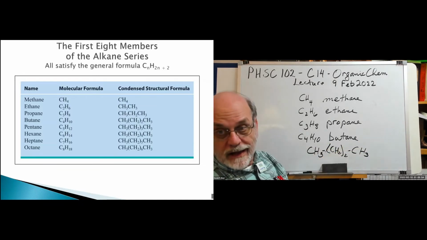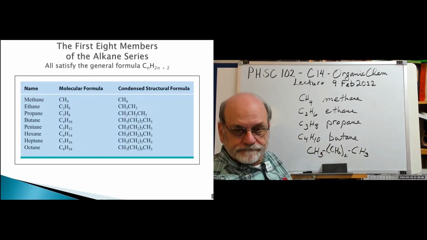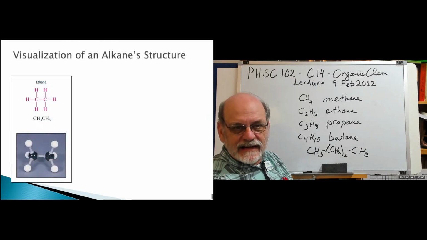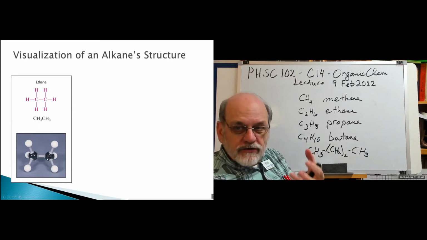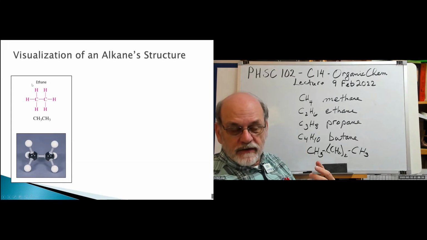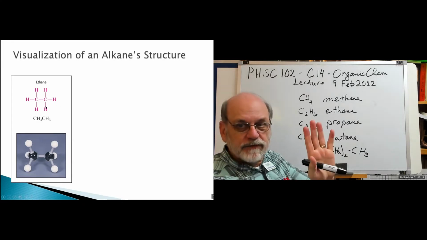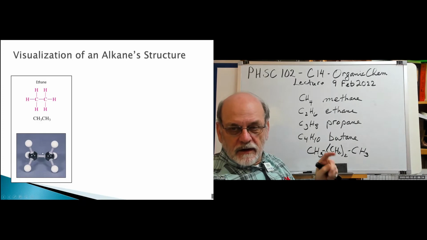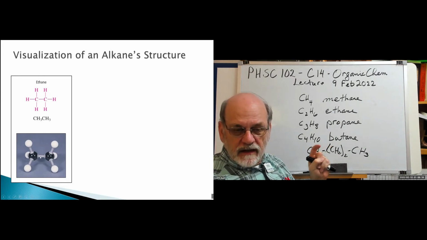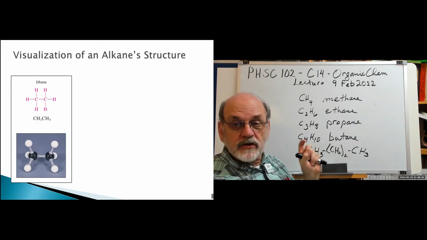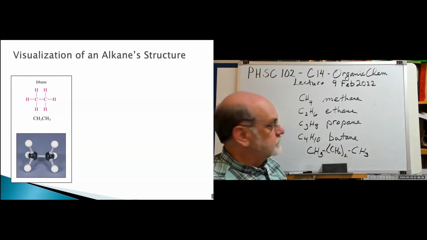And they're in a line. Okay. This is what ethane would look like. Notice that when you actually look at the 3-dimensional structure, rather than this flat plane, what you find is that these bonds around carbon are pointing off in 4 equal directions, actually to the points of a tetrahedron.